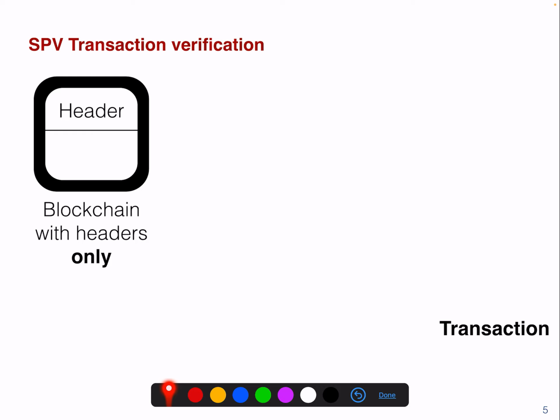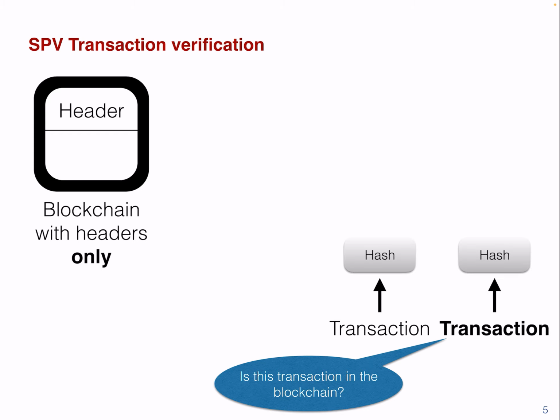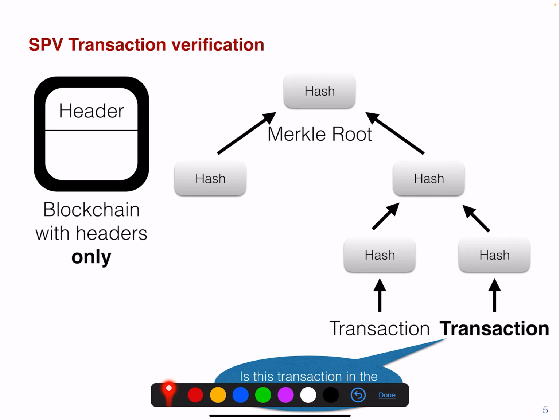If we have a transaction and we want to know whether it is included in the blockchain, all we need to do is get the other transactions of the block that are relevant to construct a partial Merkle tree to walk up to the Merkle root.